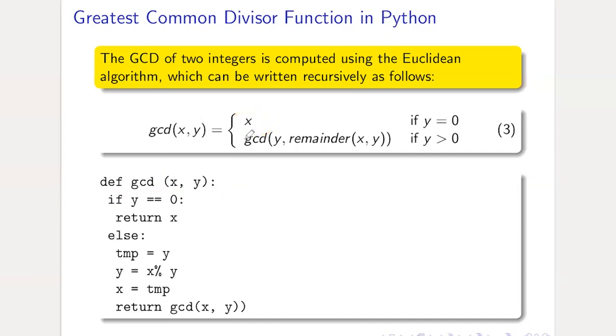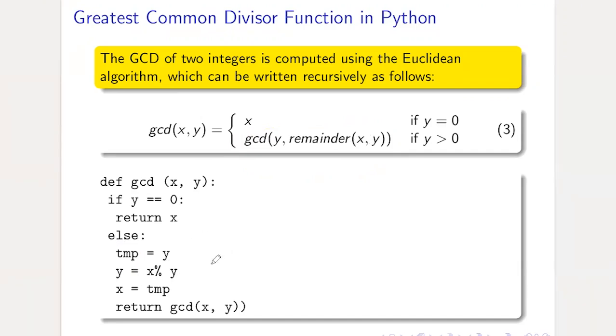Otherwise, we go into the recursive case. We will store the y value temporarily into a temporary variable called TMP, and then compute a new y value by dividing x by y and taking the remainder.